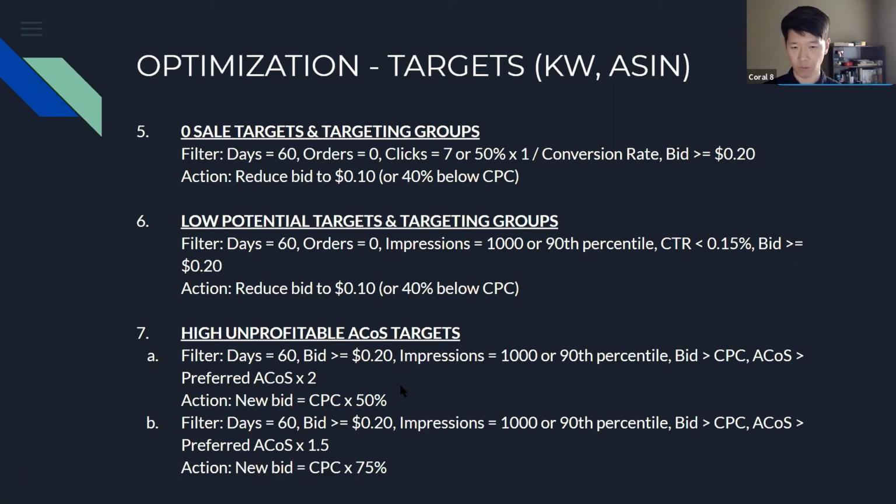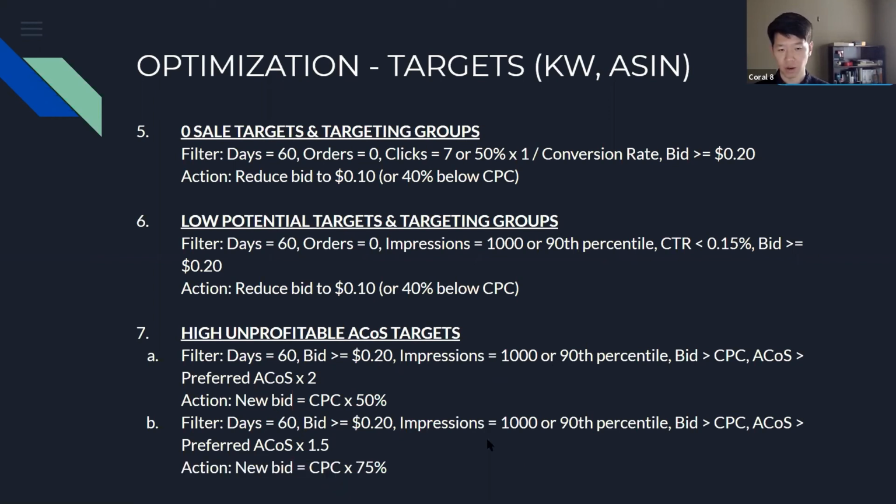So for the targets where the ACOS is 2 times higher than the preferred ACOS, and where the bid is definitely greater than the CPC, and it's gotten enough attention in terms of impressions, and we're looking at the last 60 days, then what we want to do is take the CPC and cut it in half and set the new bid to that amount. So we want to set the new bid to be half of the CPC, of the cost per click.